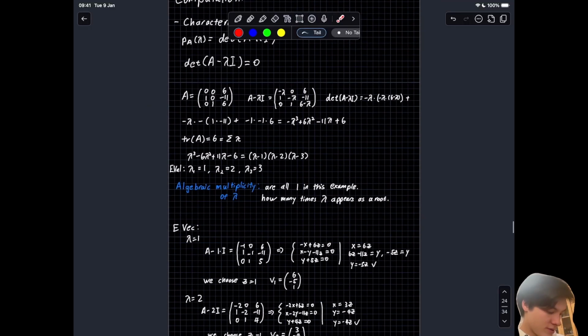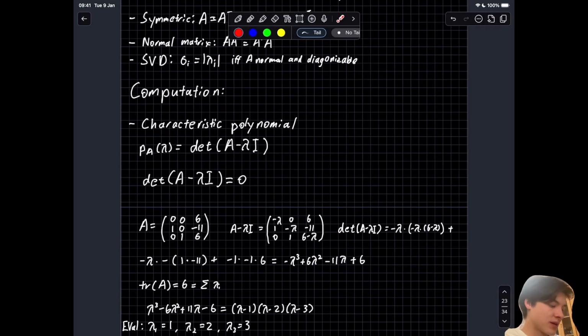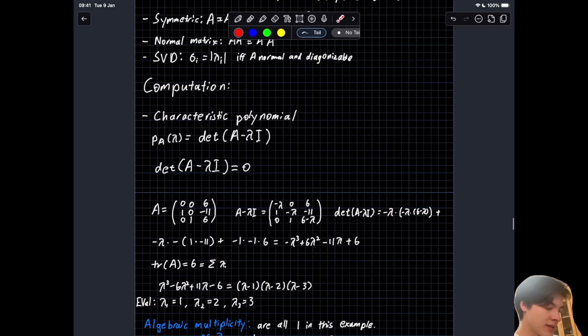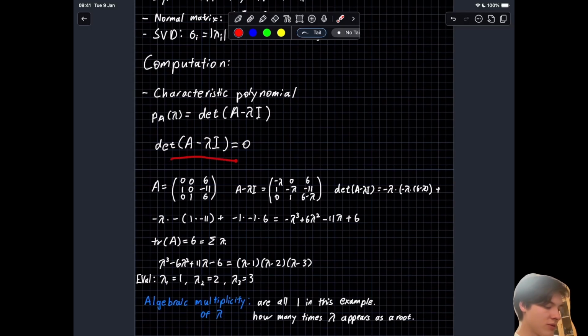So the first way to do it would be using the characteristic polynomial. How do we get that? What we do is the determinant of A minus lambda times the identity equals 0. And why is that? Let's say A has an eigenvalue of 1, and let's say it stretches it by 2.